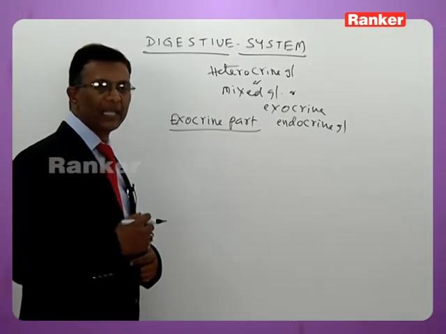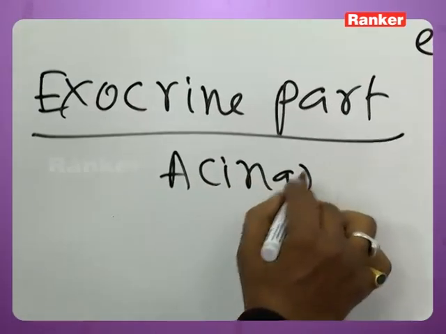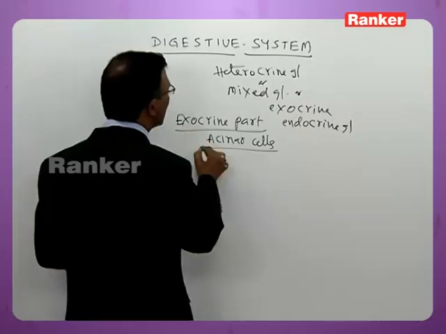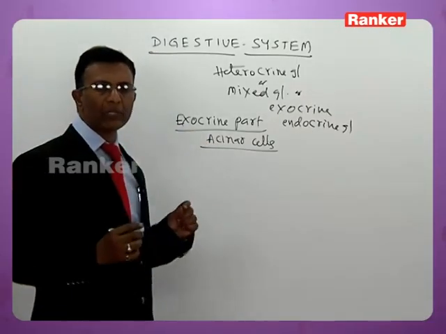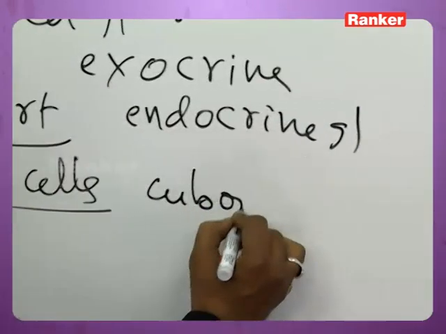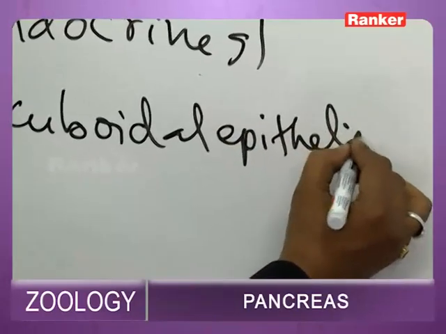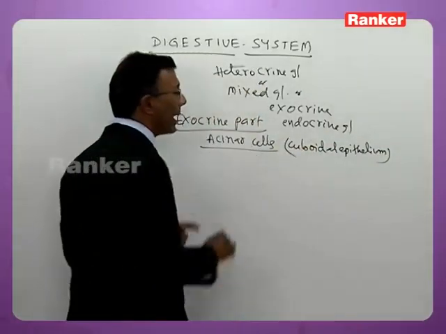Exocrine part of the pancreas. The exocrine part of the pancreas is called acinar cells. What are they called? Acinar cells. These acinar cells, remember students, are lined by cuboidal epithelium.